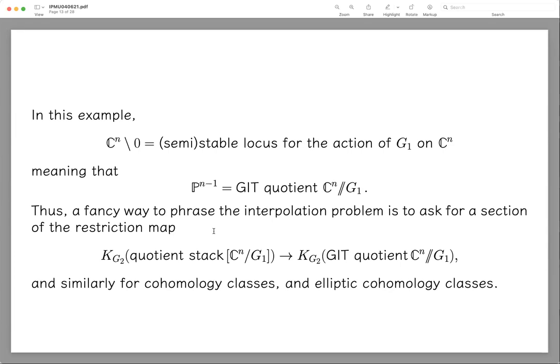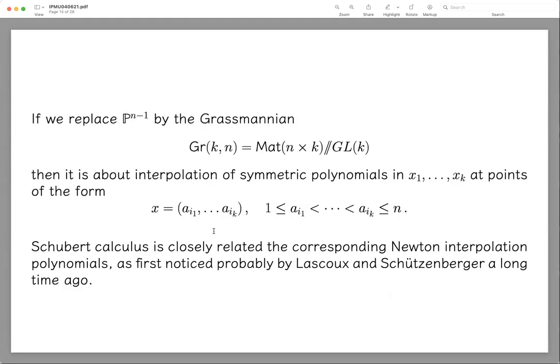All right. If you understand this, then maybe in your spare time, or while you're bored listening to other things, you can ponder what's going to happen when, instead of Cn being n by 1 matrices, we take n by k matrices and take the quotient by GLk on the other side.